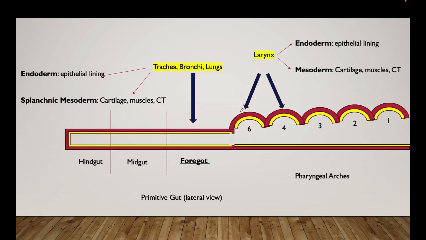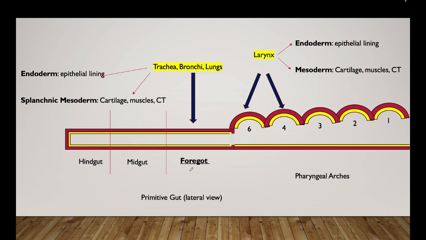Basically, this is a lateral view or a sagittal view of the primitive tube and the pharyngeal arches. نبدأ هسه بالprimitive tube. It divides into 3 parts. Most proximal or most cranial is the foregut. In the middle we have the midgut, and distally we have the hindgut.